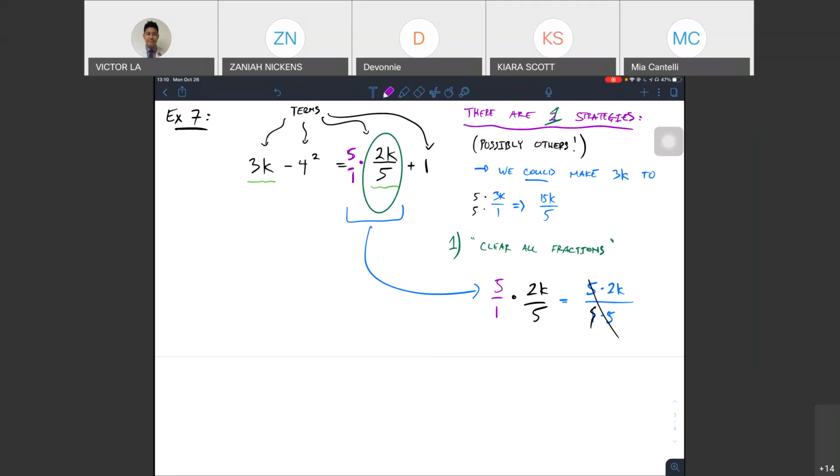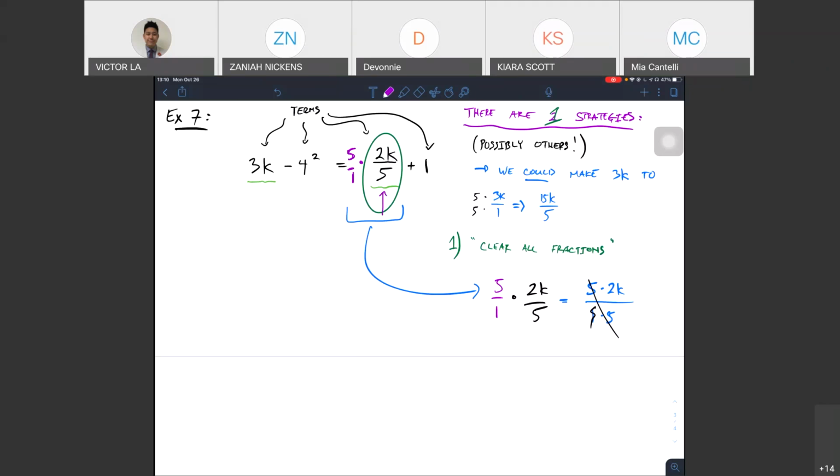This is actually a strategy that you've learned at one point or another, whether a teacher has explained it well or not, that's a different story. We multiply by 5 because this is the only fraction, and the easiest thing to multiply by to get rid of the fraction is 5. Now, could you have multiplied by 10?